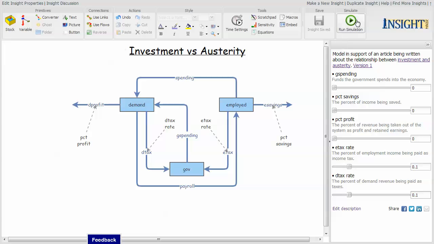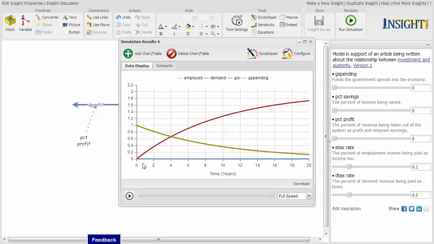If I now go ahead and run this, what I find is that the revenue or the resources that the government possesses over time continues to grow because of the tax revenue, but the amount of money in the economy continues to decline, because I haven't done anything yet, so the government's actually not spending that money.